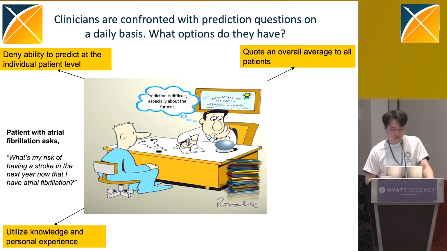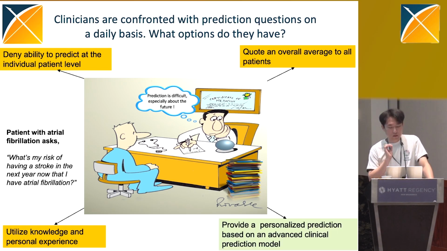Third, often the doctor can rely on their knowledge and their own experience, but that's a really tough job for a human. Prediction usually isn't about one single factor, it's about how multiple things come together. So the very tricky part is knowing which factors actually matter.